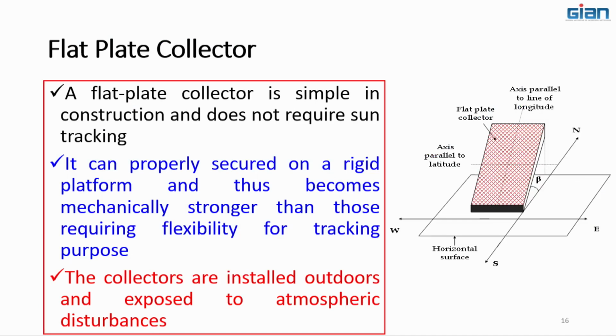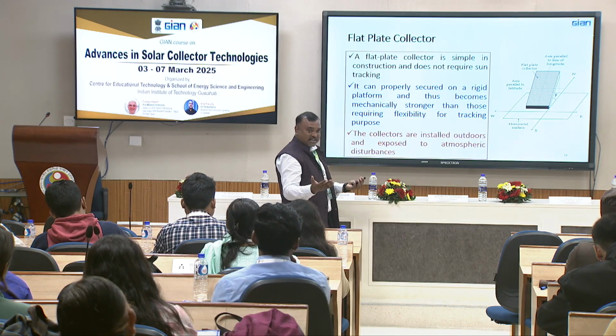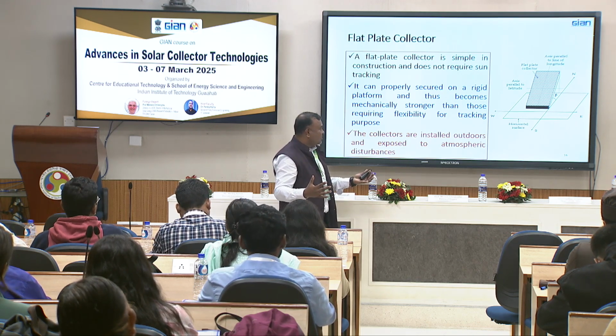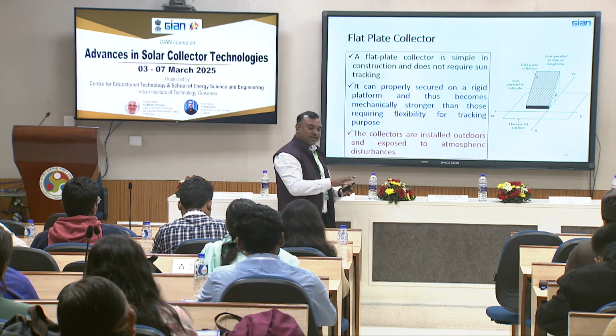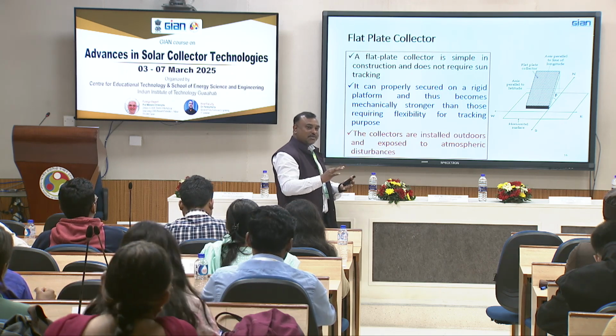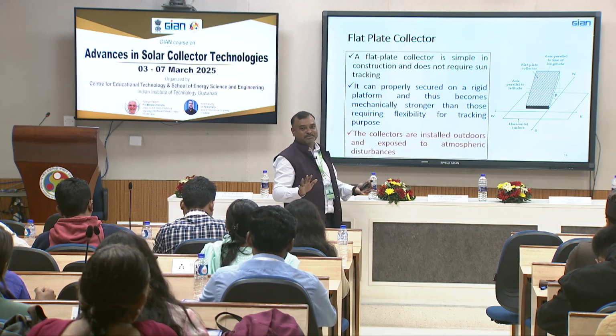You have the collector, and then tubes will be there, which will come in the next discussion, and it is placed at certain angles, and beta is very sensitive to the time and days maybe. Since it is very robust, we cannot have a facility to track. So, we fix some beta which is moderate to give a better performance, not the best performance.